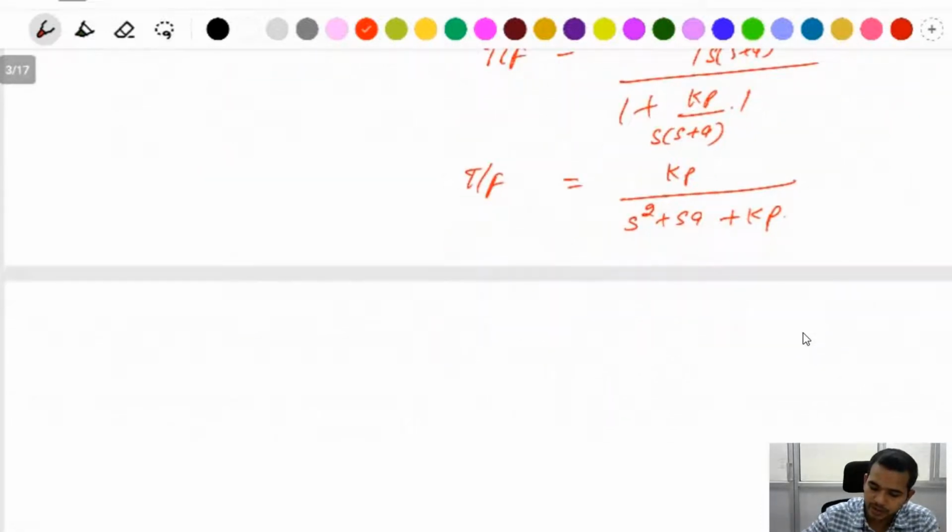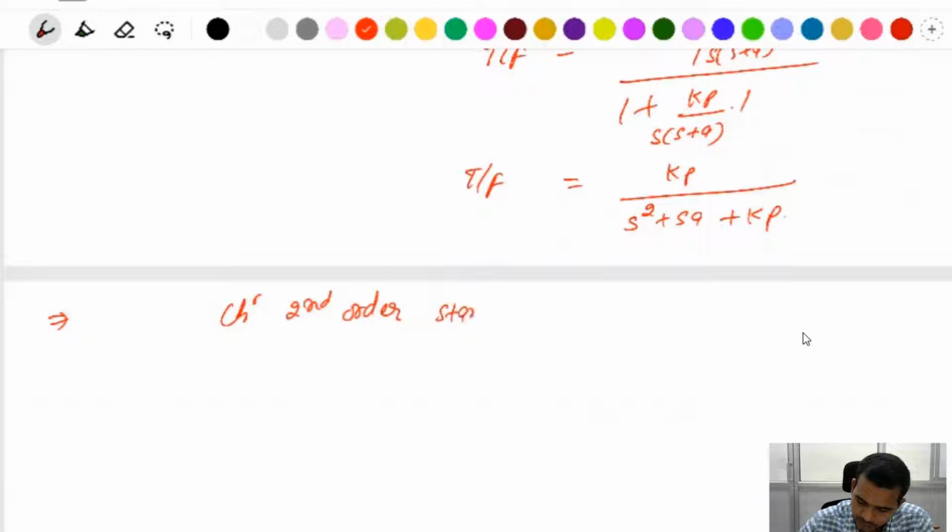If you compare the system with the second order standard system, the classification of second order, you know S square plus 2 zeta omega n S plus omega n square.